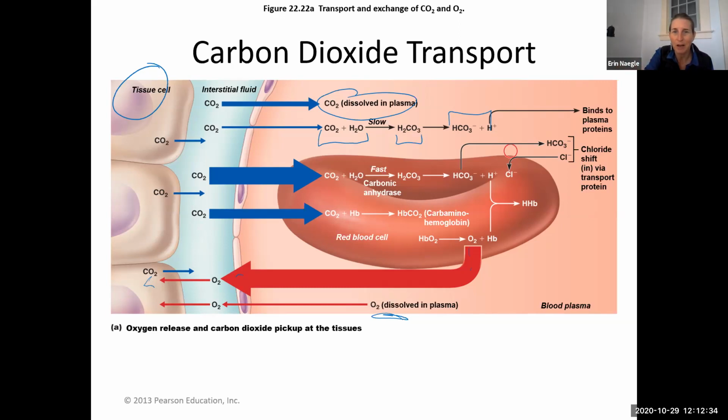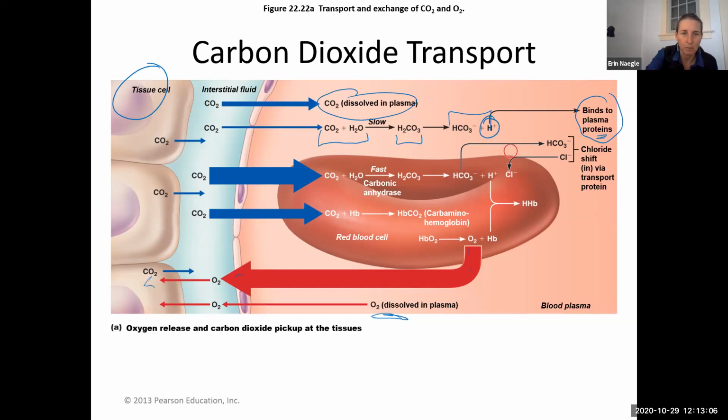You might remember from learning about blood that you have some proteins dissolved in the plasma that help regulate the pH of the blood. These hydrogen ions can bind to those proteins in the plasma, and that helps regulate our pH so it doesn't just tank. Now, the majority of that carbon dioxide is actually going to go into the red blood cells, and two things can happen to it.